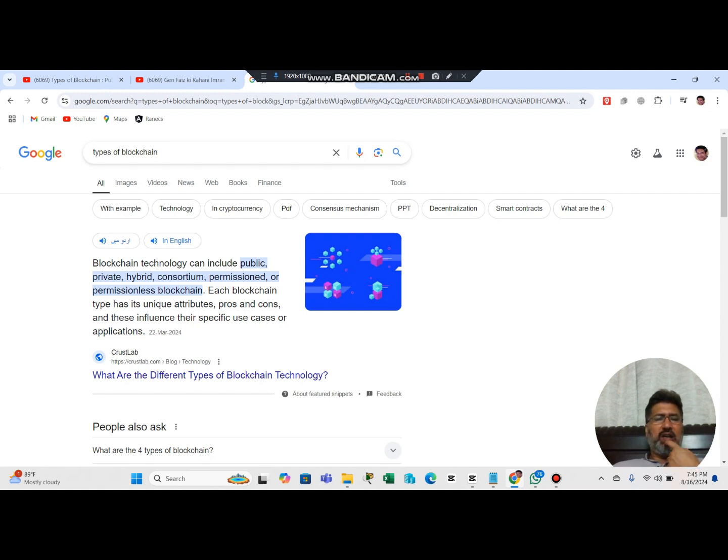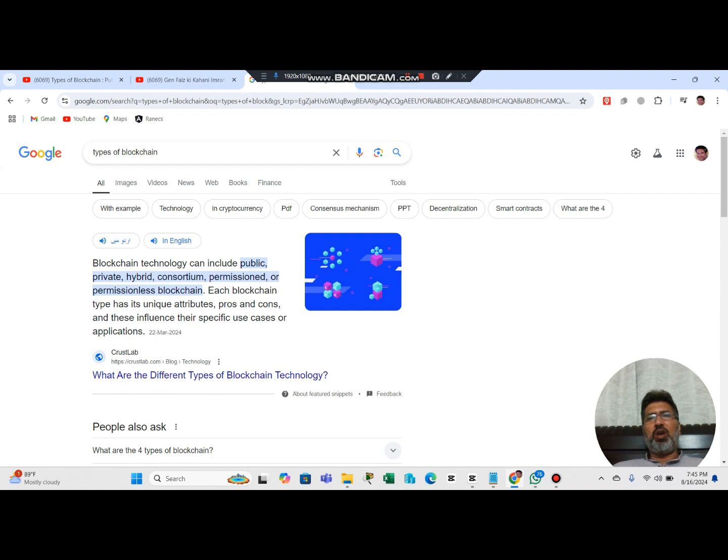Each blockchain type has its unique attributes, pros and cons, and these influence their specific use cases or applications. So guys, let me explain in my words what Google is trying to say here.